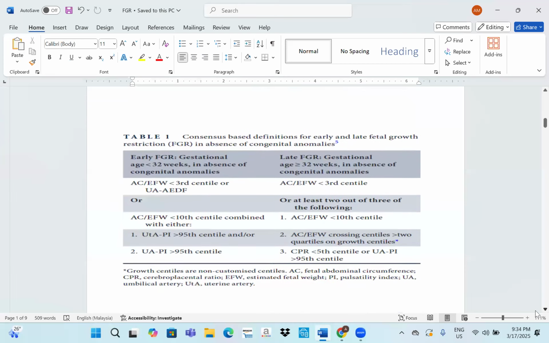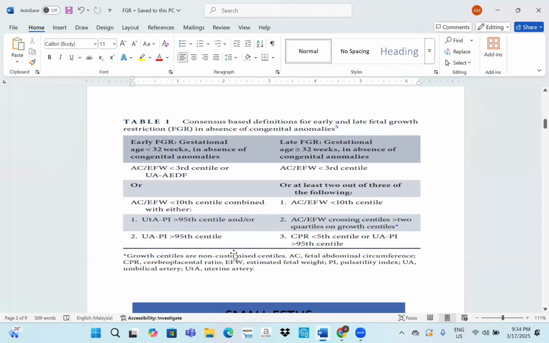Now you see here, usually the early onset FGR is more common. The late onset is less dangerous. Early onset is mostly due to placental insufficiency and is easily detected.